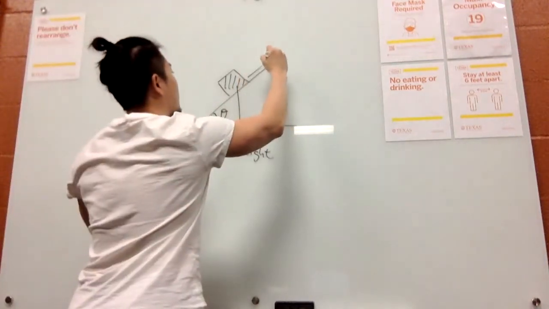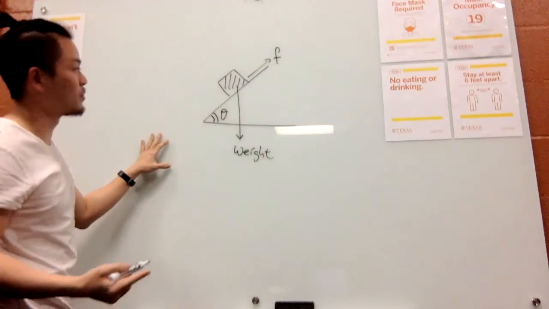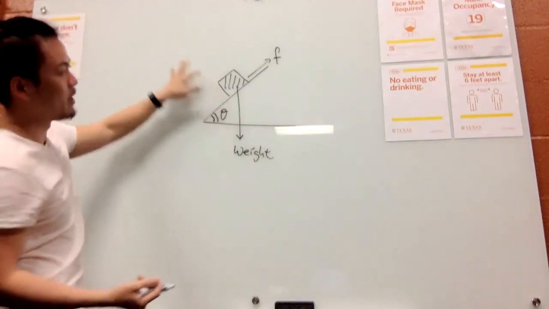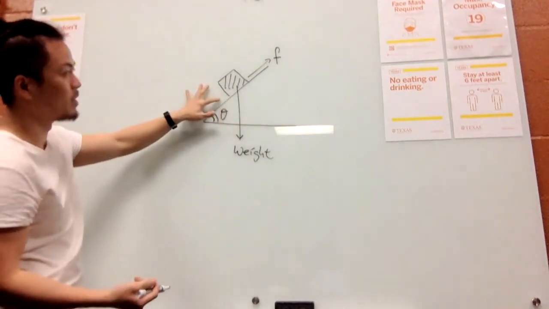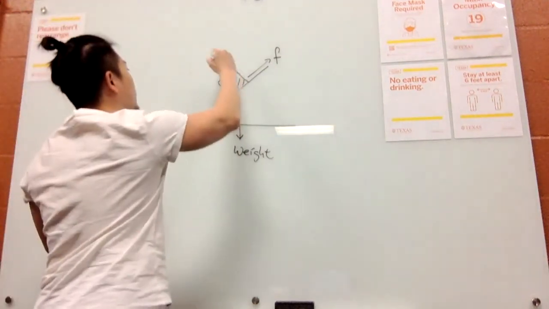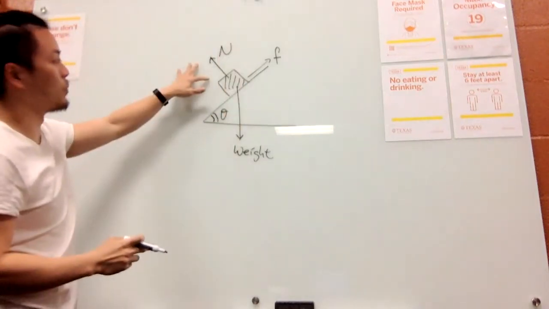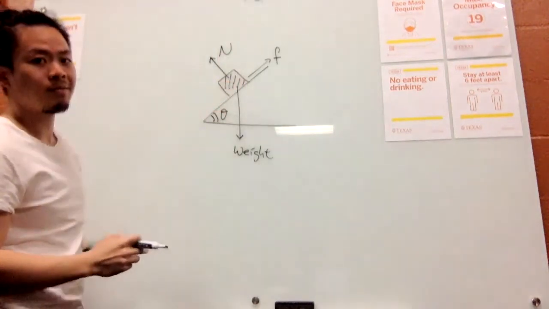So there is friction. And also the object is not sliding in this direction, so there is something supporting it, right? That's called the normal force, which is perpendicular to the surface.